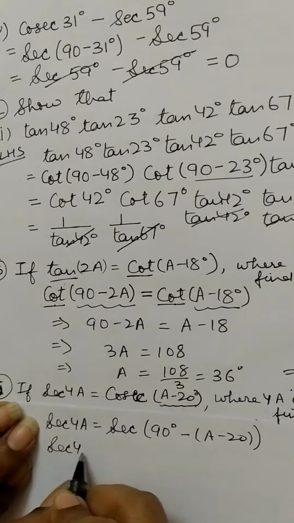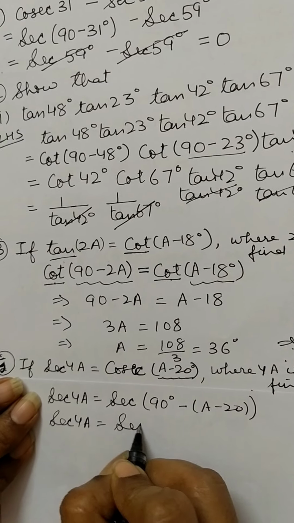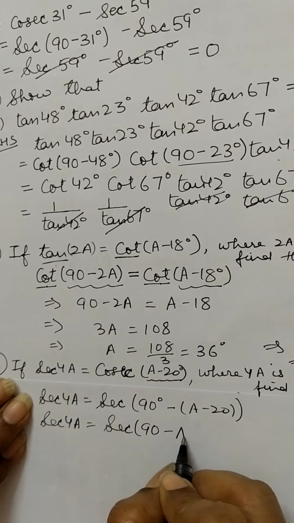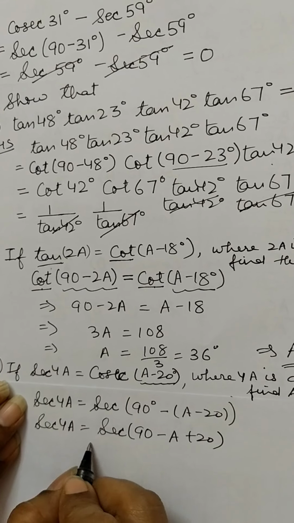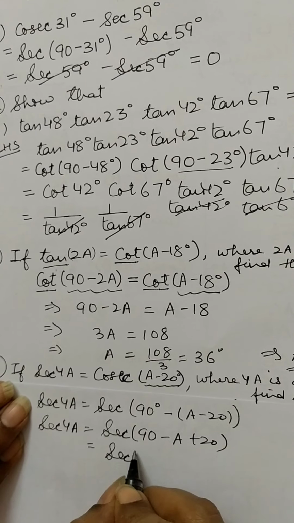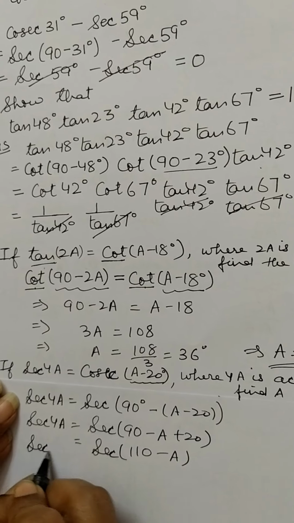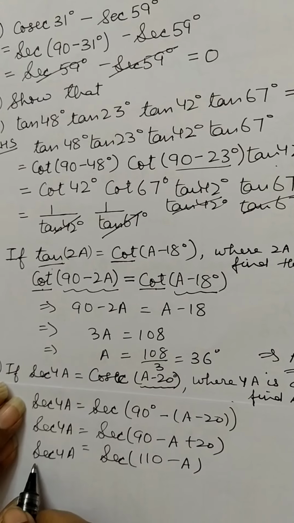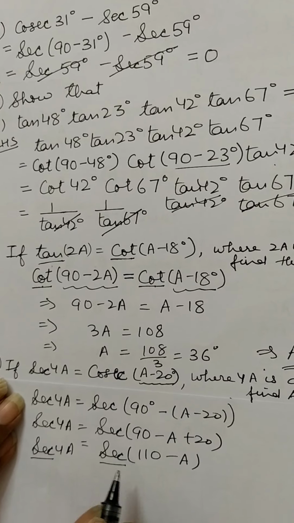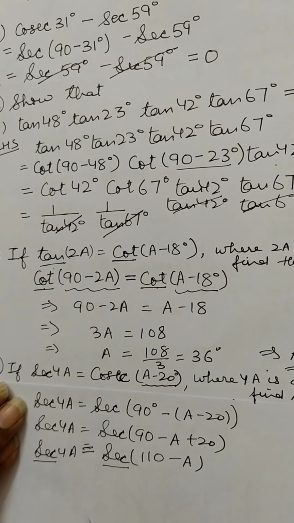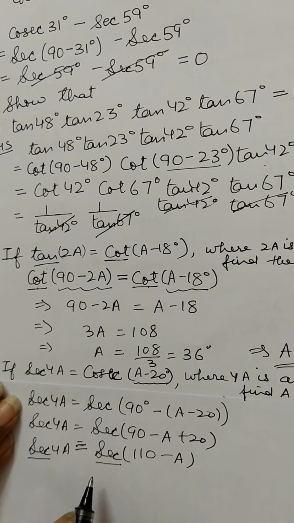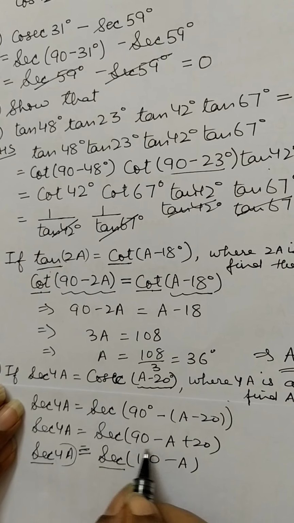Or you can write it as sec 4a is sec (90 minus a) plus 20, which is equal to sec (110 minus a). Now since both the sides have the same trig ratio and there is an equal to sign, both the sides are equal, that means their thetas must also be equal.